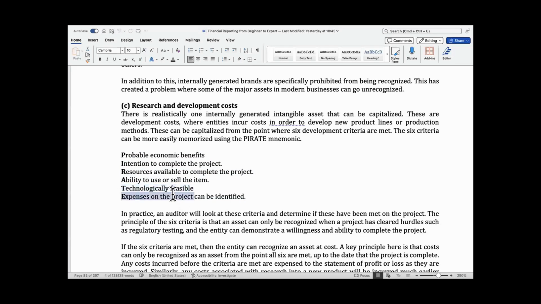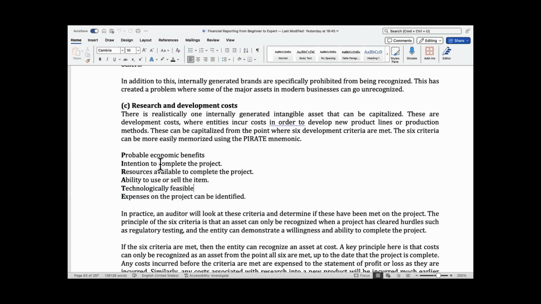Like that. So usually, the way you would know that this criteria has been met is the examiner will tell you that this company has spent so much money on this project, but they have not gotten regulatory approval.